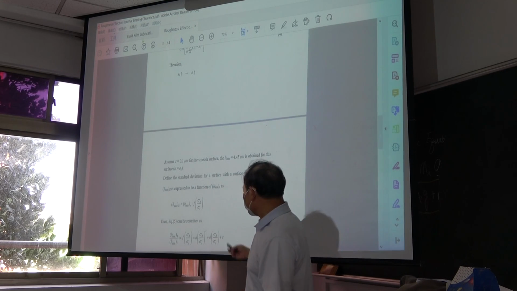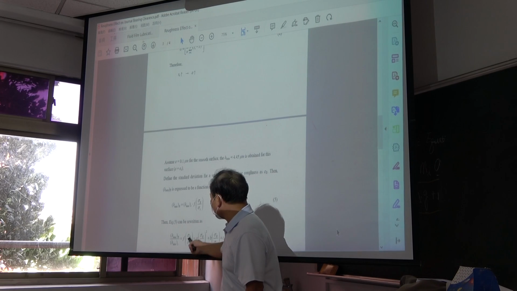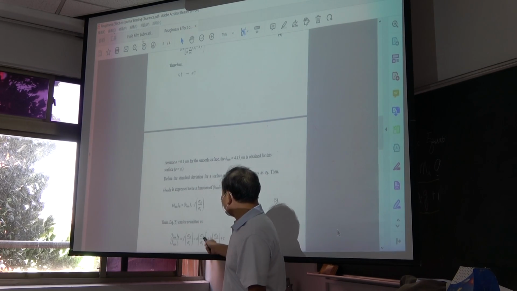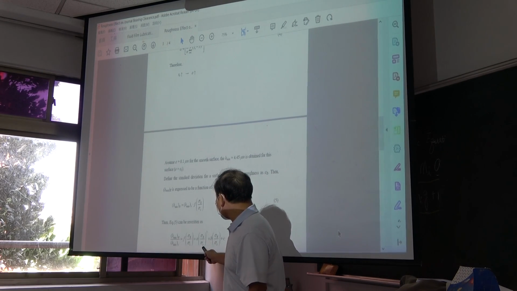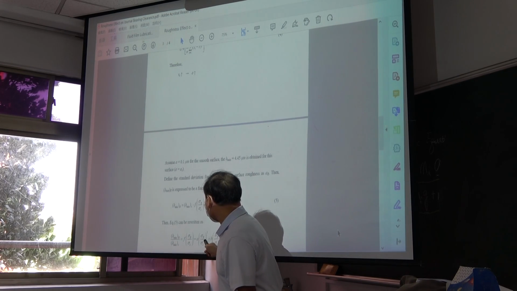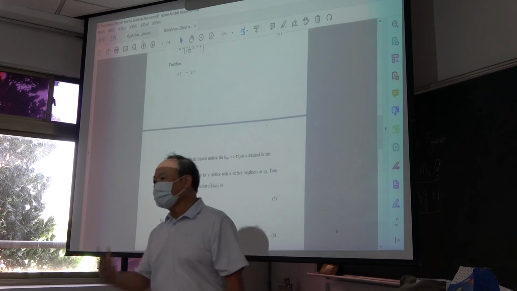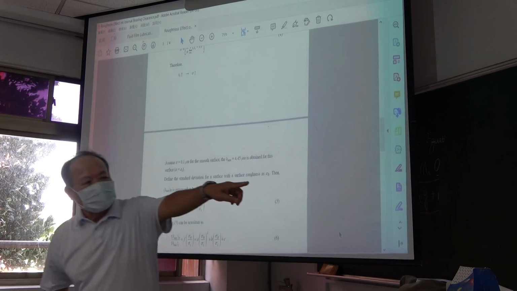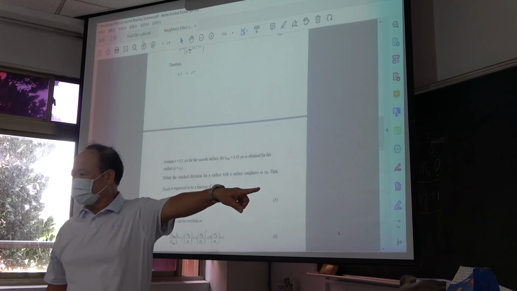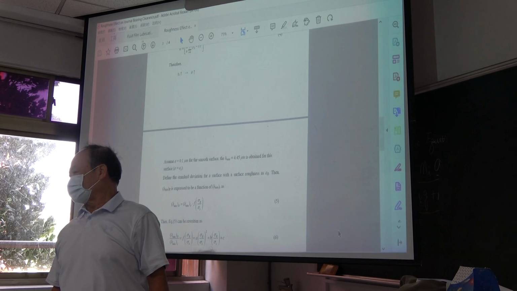Here we determine it to be this one. And then here sigma r and then sigma s. Here is s. Sigma s is not zero. If it's a perfect smooth surface, it is zero. But it is not realistic.